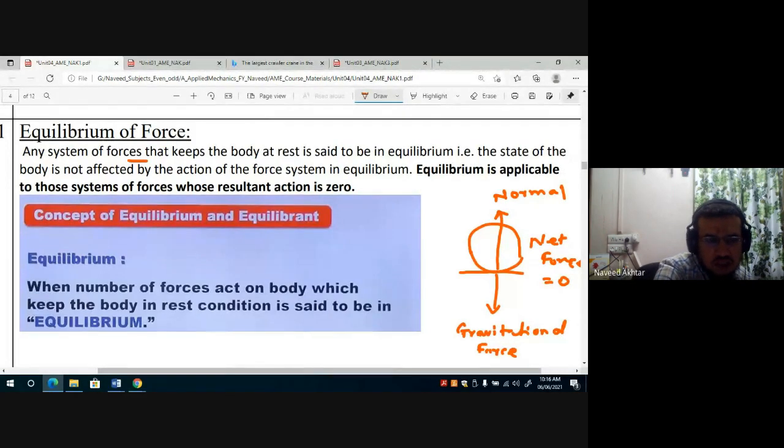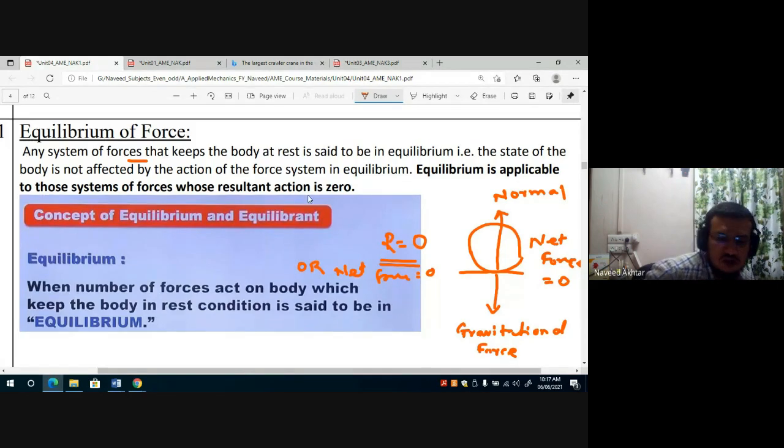You can see that for any body at rest, if the forces acting on the body have a resultant action of zero, that is, R is equal to zero, or the net force is zero, then it is called the equilibrium of the forces.